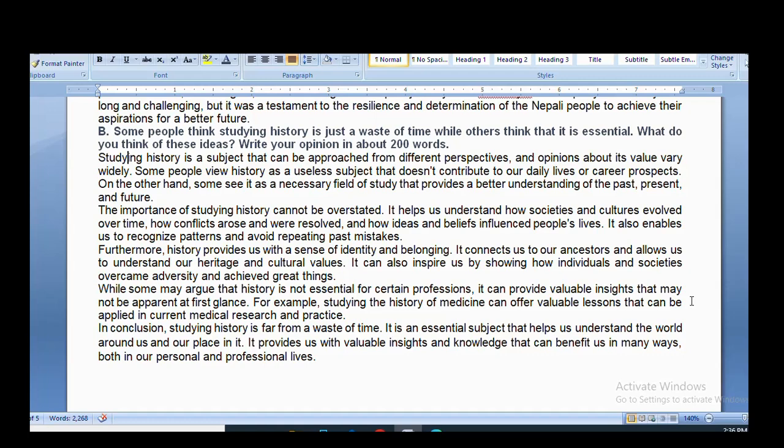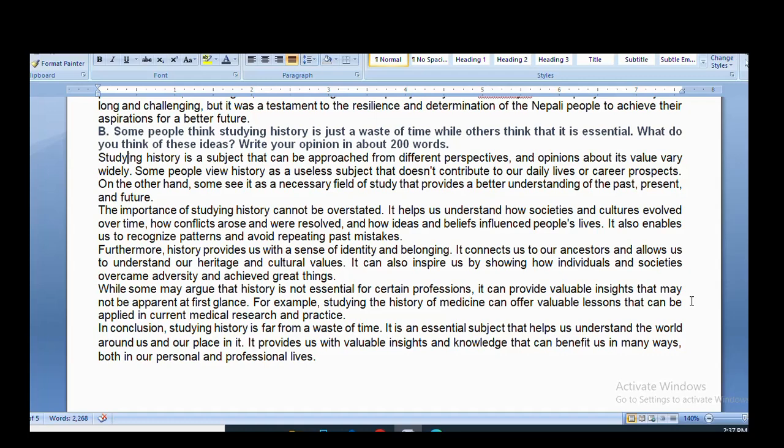It helps us understand how societies and cultures evolve over time, how conflicts arose and were resolved, and how ideas and beliefs influenced people's lives. It also enables us to recognize patterns and avoid repeating past mistakes. Furthermore, history provides us with a sense of identity and belonging.